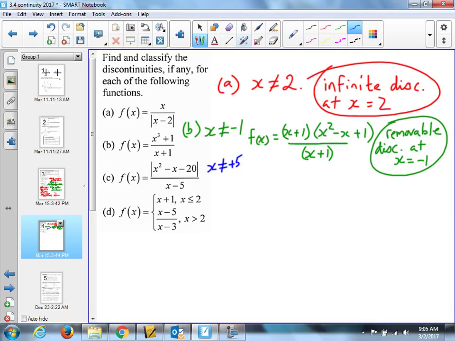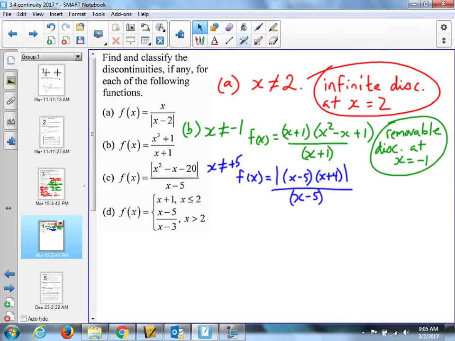But if we had f of x, I hope you could factor this, x minus 5, x plus 4, looks like you could remove that, right? Kind of. Kind of.